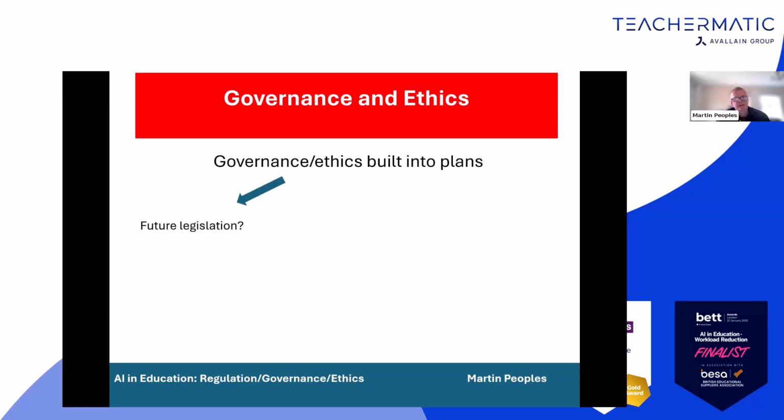But the government has said that they are thinking about future legislation, and the wider political climate has an influence here. For example, things that happen in other major economies are likely to influence what happens in the UK economy. A key example of that is when President Trump came into place in January this year.